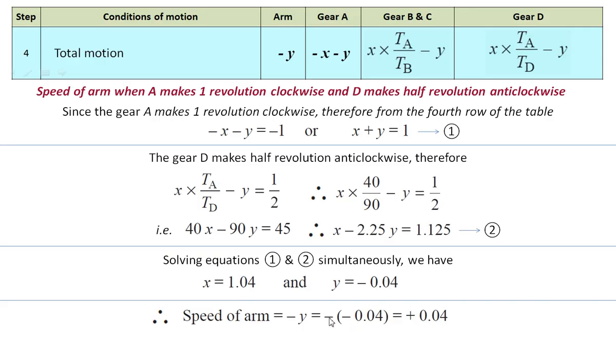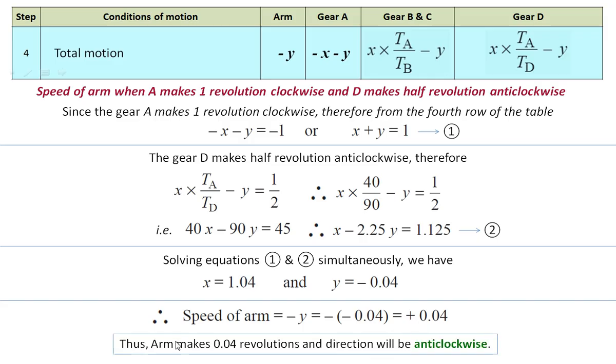So the minus sign into minus sign, finally we get the positive sign over here. It comes to be plus 0.04. It means that arm makes 0.04 revolutions and direction will be anti-clockwise when A makes 1 revolution clockwise and D makes half revolution anti-clockwise.